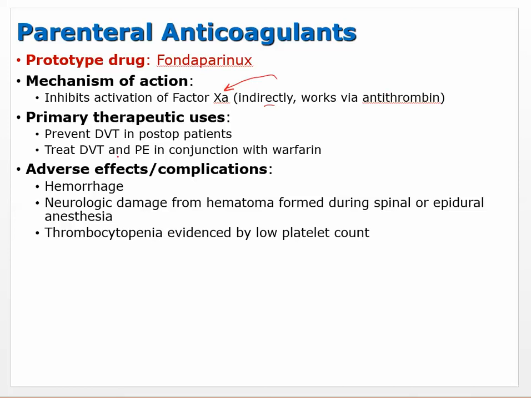It prevents DVT in post-op patients and treats DVT and pulmonary embolism in conjunction with warfarin, which we'll talk about. Adverse effects: hemorrhage, neurologic damage from hematoma formed during spinal or epidural anesthesia, thrombocytopenia evidenced by a low platelet count. I don't think I meant to leave this in there from the previous slide. I think this is for fondaparinux, but I'll check it and change it if I have to.